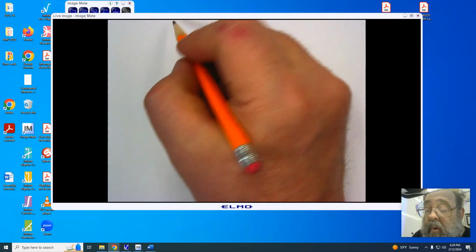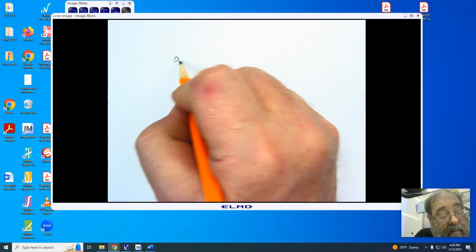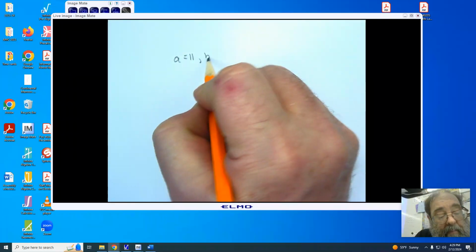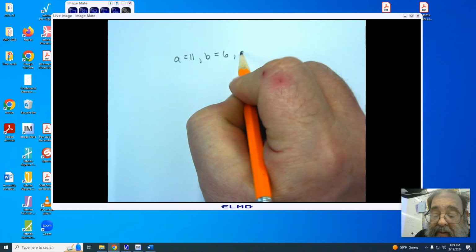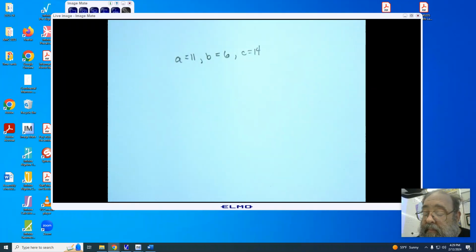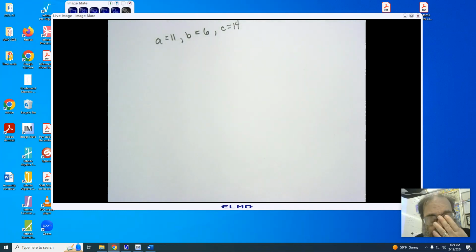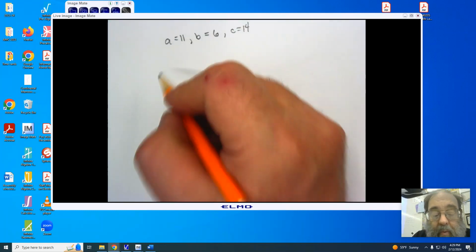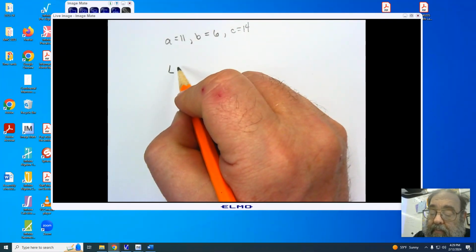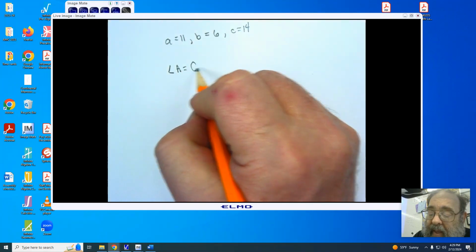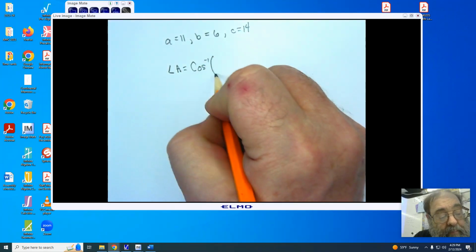Let's say that we are told that A is equal to 11, B is equal to 6, and C is equal to 14. Notice that we're going to use that formula. We just have to decide which angle we want to work with first. If we start by finding angle A, we're going to have that arc cosine again.